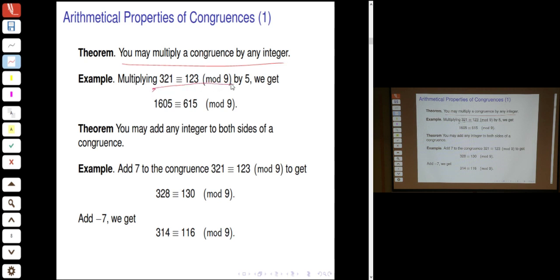Suppose you have a congruence like this, then you can multiply both sides of the congruence by the same integer. If you multiply 321 by 5, you get 1605.